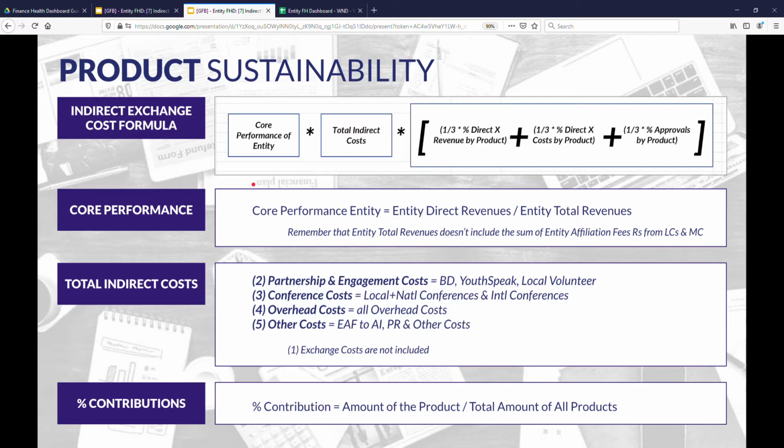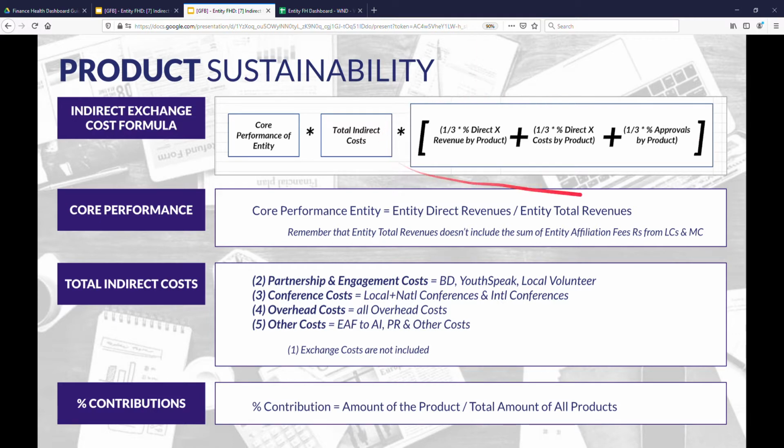How much should the product revenue be able to absorb of the indirect exchange costs in order to say that we are sustainable and operating at a good, significant level in the products? Those are the questions that need to be answered, and core performance of entity is there to know how much of the total indirect costs would be allocated towards exchange alone, the overall exchange.